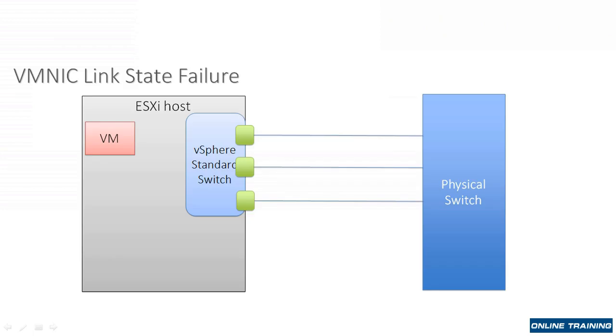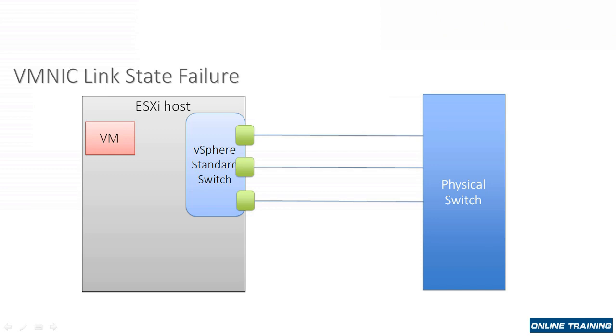And one of the first policies covers how we handle the failure of a physical network adapter. VMnics are the physical adapters of the ESXi host, and each VMnic can only be assigned to a single virtual switch. Virtual switches cannot share VMnics.